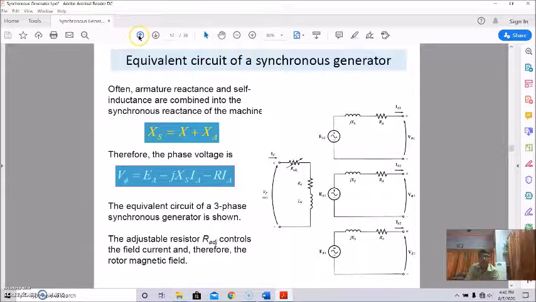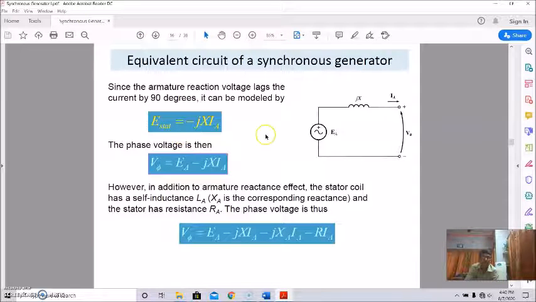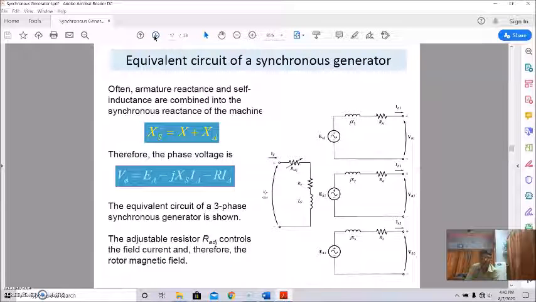From these equations we can write V phi equals EA minus jXIA, and combining the armature reactance and self-inductance together gives the synchronous reactance XS, and this is the armature resistance.